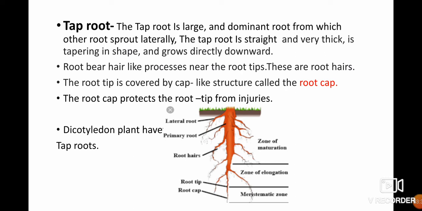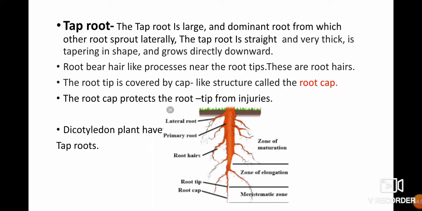Next point: roots bear hair-like processes near the root tip. You are observing here, and if you have a textbook, you observe in the textbook also the taproot. You can see clearly that the root has root tips, and they have hairs also, root hairs. Third point: the root tip is covered by a cap-like structure called root cap.